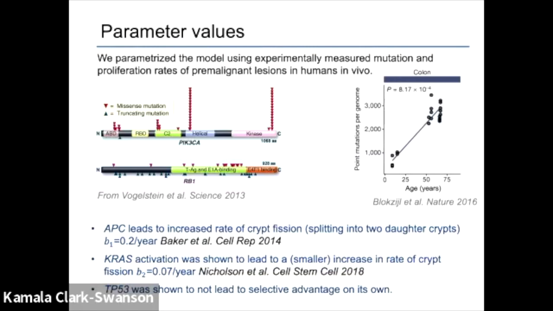Crypt fission is when a crypt divides into two daughter crypts due to APC inactivation and KRAS activation. And so we were able to use them as inputs into our model. We also used as input the fact that TP53 was shown to not lead to selective advantage on its own in normal conditions. It was shown to lead to selective advantage in inflammation, for example in colitis, but we are not talking about that now. And so this is all the input into the model.